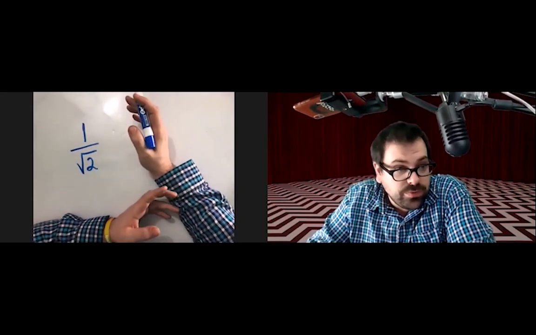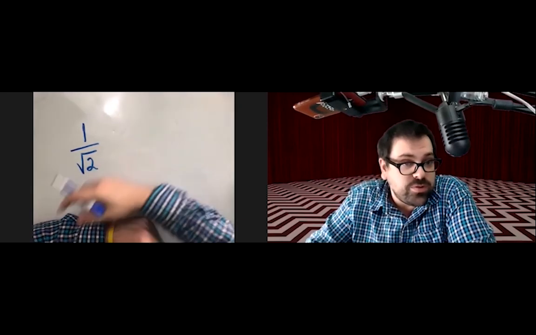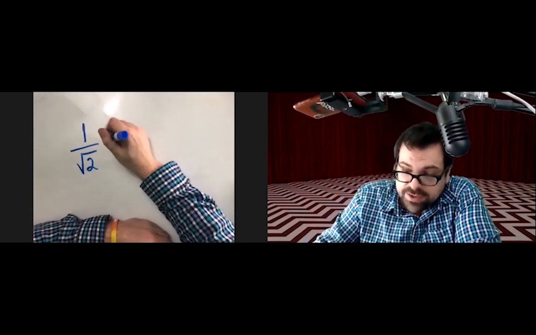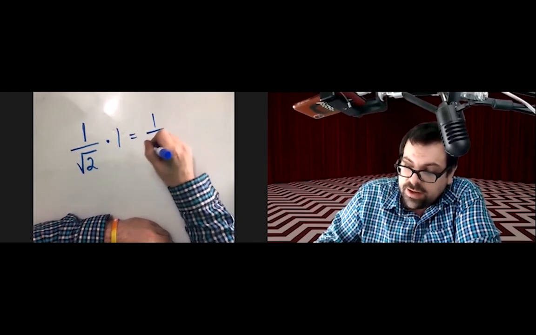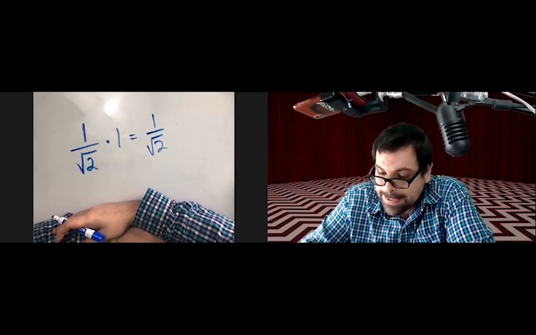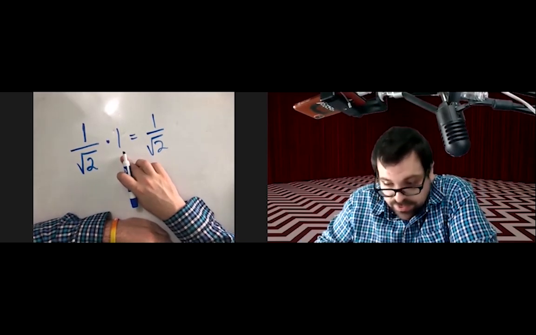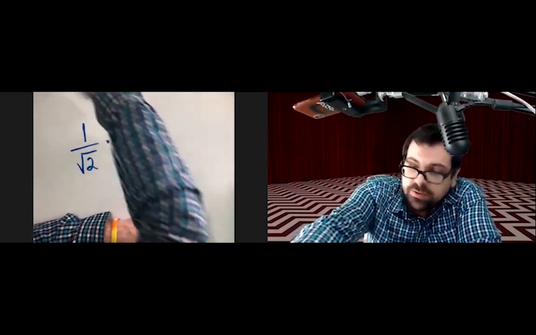So what we're going to do depends on what exactly is on the bottom, what the situation is. Our strategy is always going to involve the fact that anything times 1 is itself. We just have to be clever about the form of 1 we choose. Anything over itself is 1.